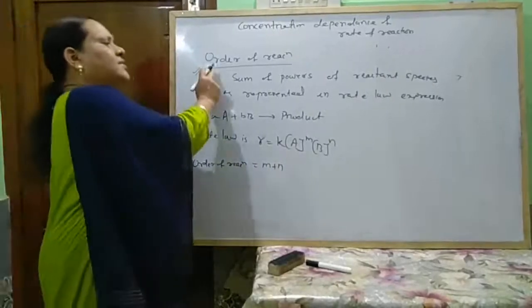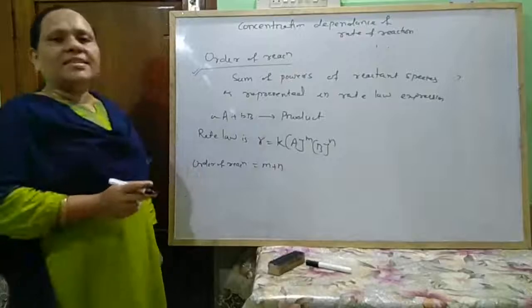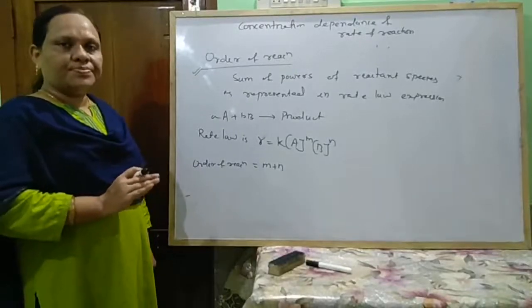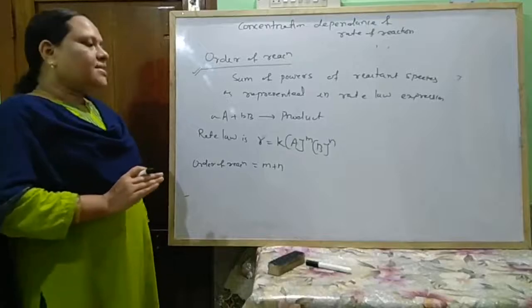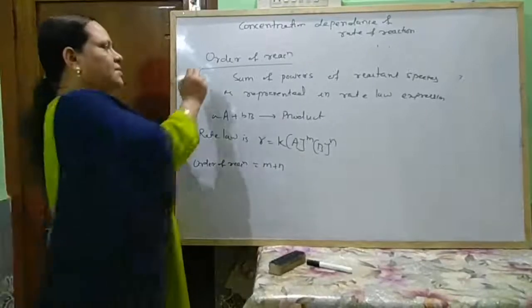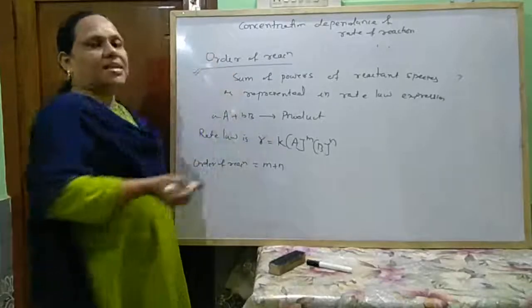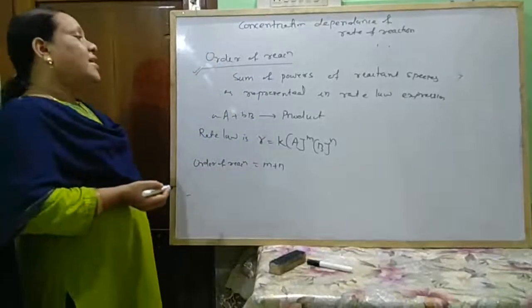As this is on an experimental basis, it depends on temperature, pressure, concentration, etc. Generally, it depends on temperature and pressure. So with change in the temperature and pressure, the order of reaction changes.